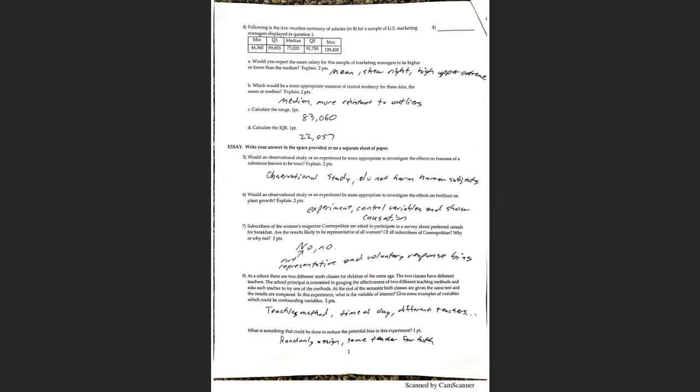So that's kind of similar to the last exam, right? So this one is what you expect. If you look at the 5-number summary, it says, what would you expect the mean salary to be, higher or lower than the median? Explain.